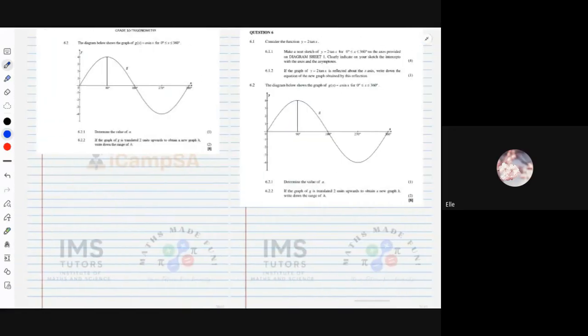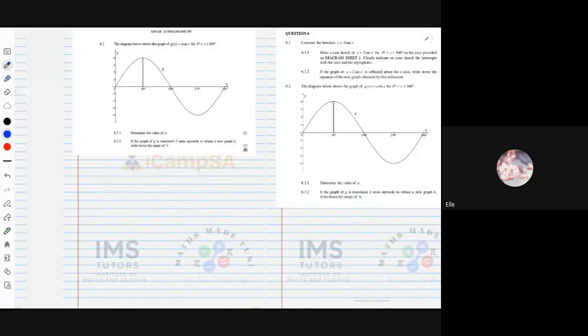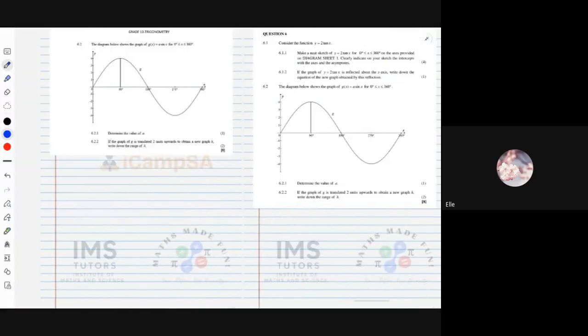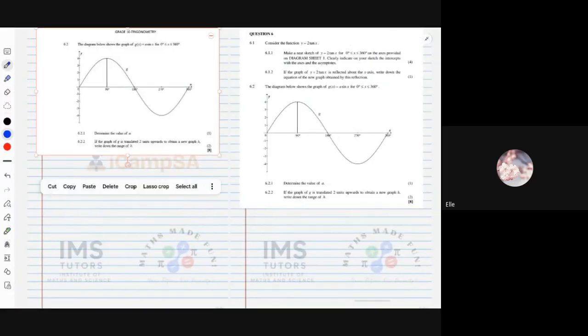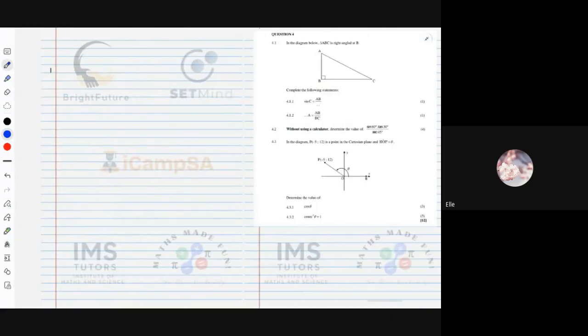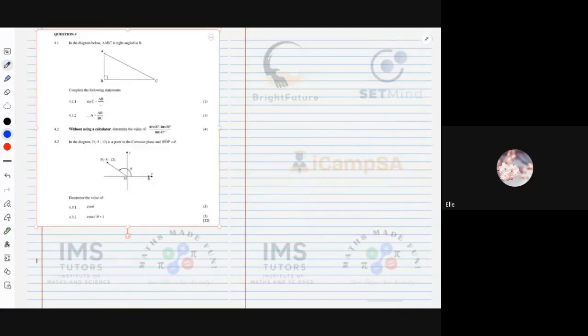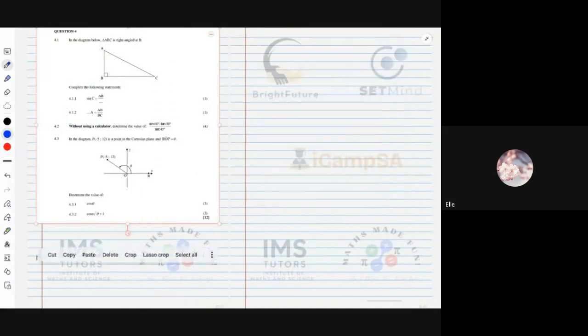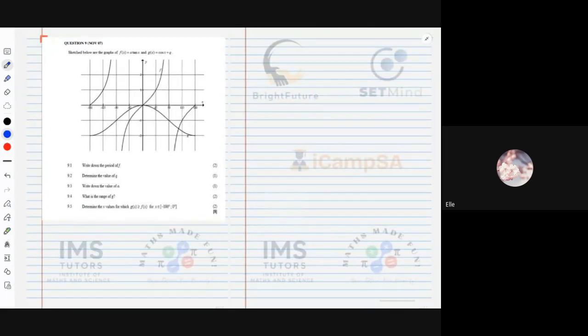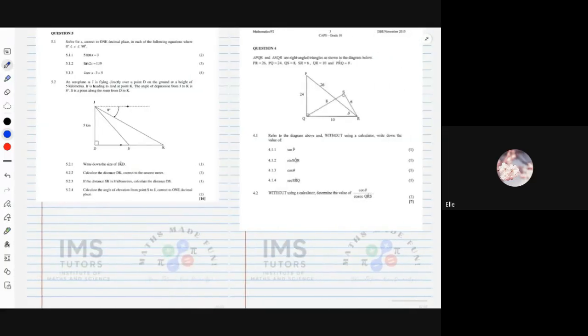I want us to finish the functions first before we go back to these trigonometric equations. We're just going to do the function questions, and after we are done with the functions, we'll start doing these expressions.